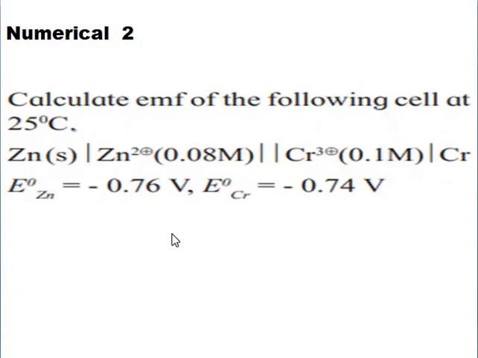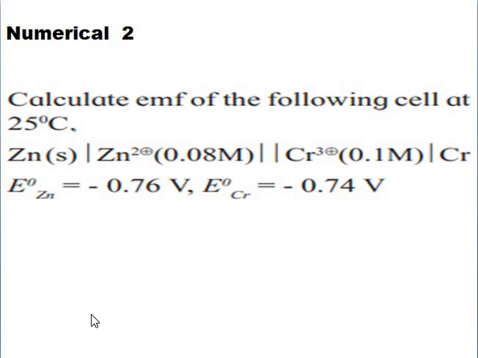The second numerical is to calculate the EMF of the following cell at 25 degrees Celsius. Zn solid, Zn2 plus 0.08 molar, salt bridge, chromium 3 plus 0.1 molar, and phase boundary to chromium. The standard reduction potential of the zinc electrode is minus 0.76 volt, and that of chromium is minus 0.74 volt. Calculate the EMF of this cell.